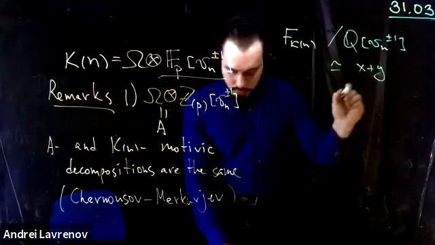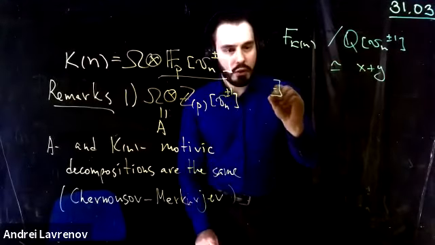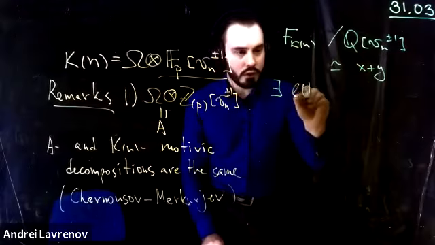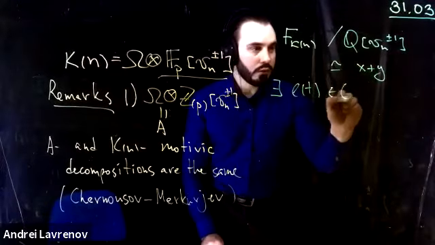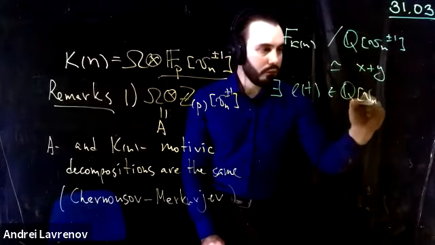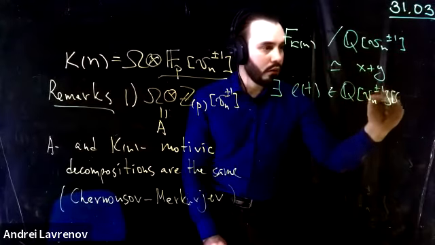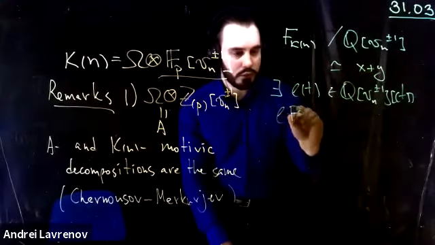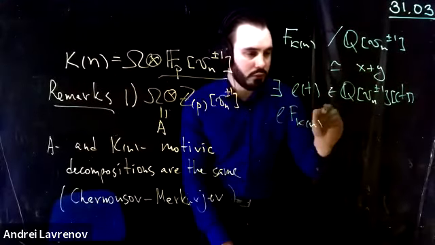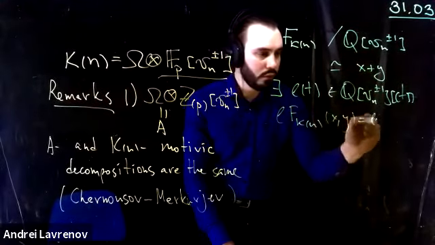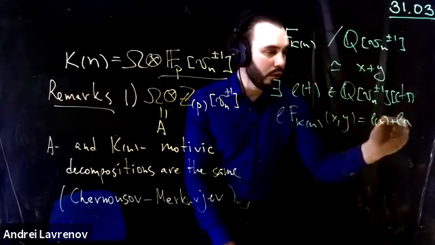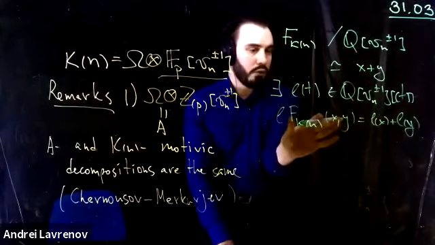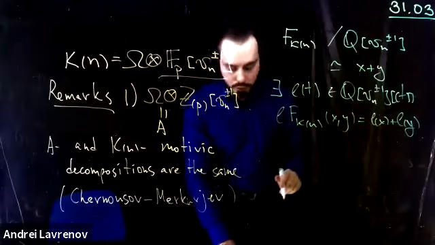That means that there exists a series such that this identity holds. So this is our formal group law, and this is the additive formal group law.